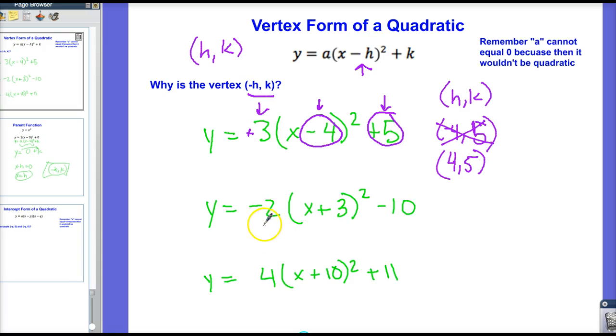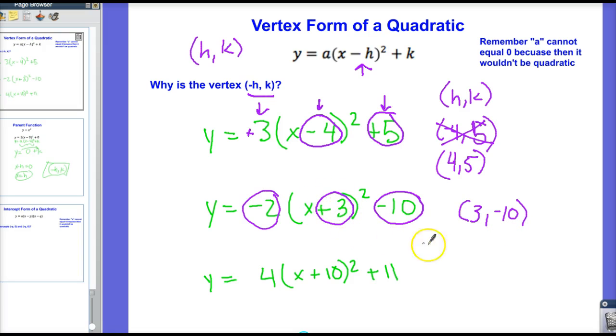In this case, this is a negative 2 for a, a plus 3 for h, and a negative 10 for k. So if you want to say h, k, some might say, if this is h, k, okay, 3, maybe you'd even say negative 10 there, because it looks like plus 3 right here, right? Well, that is the wrong vertex.